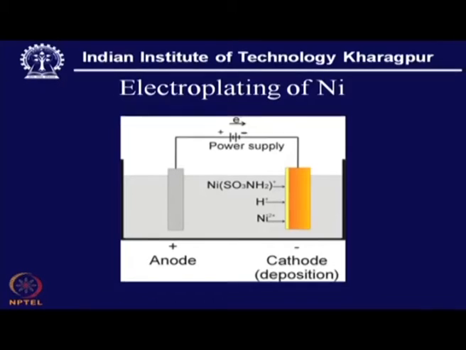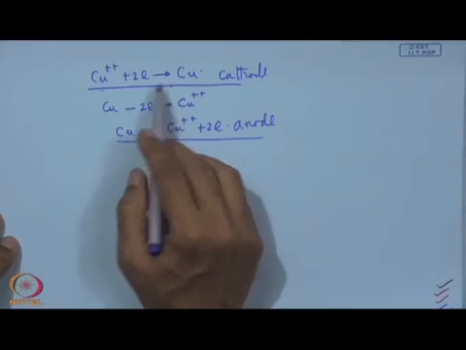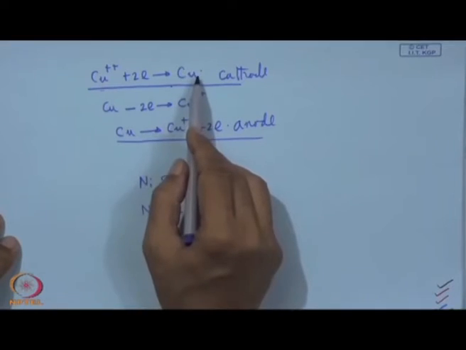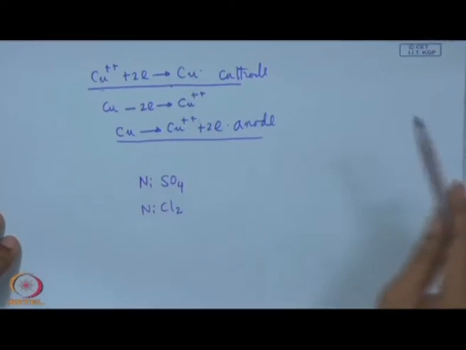And what happens in this case, this is the nickel anode, and this is going to be a substrate, say for example a low carbon steel, and from this nickel sulphate we have the splitting of the nickel ion, which will be collected here and it will be neutralized by the cathode reaction we see here. So, instead of copper here we have to write nickel. So, that will be the neutralized nickel.